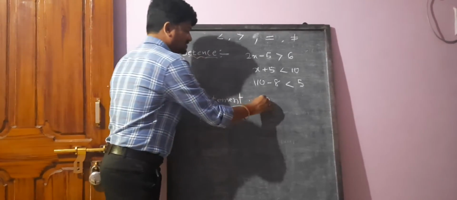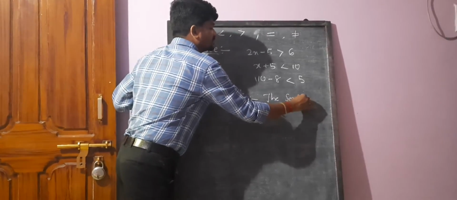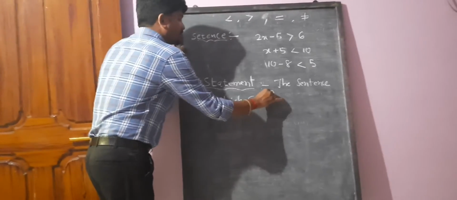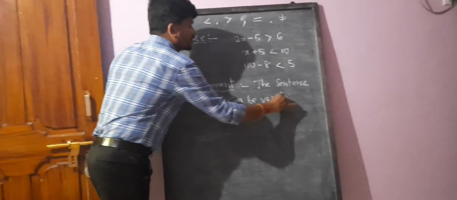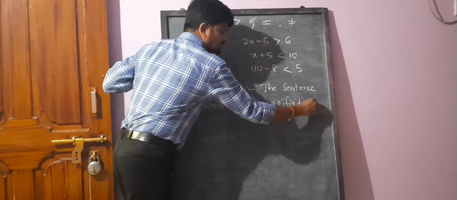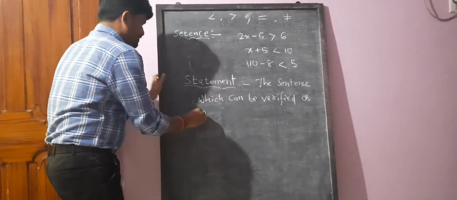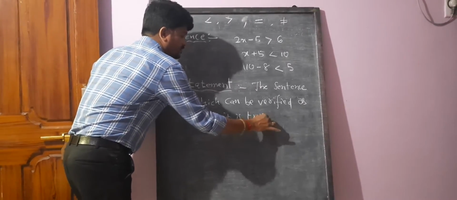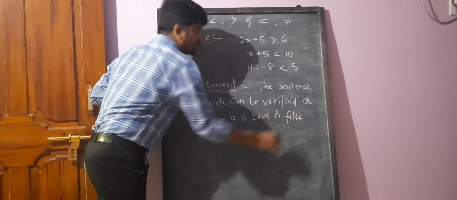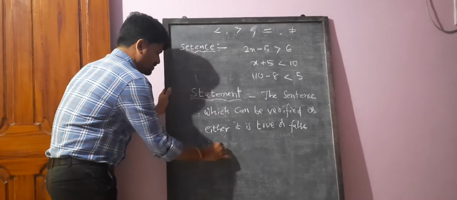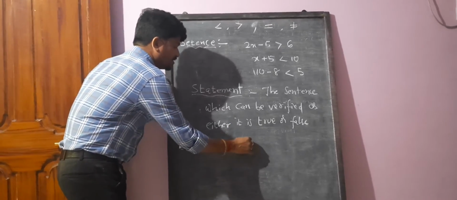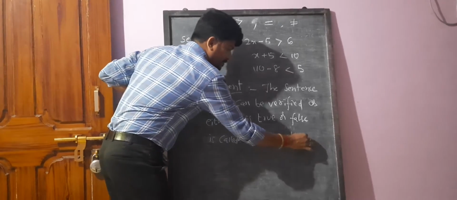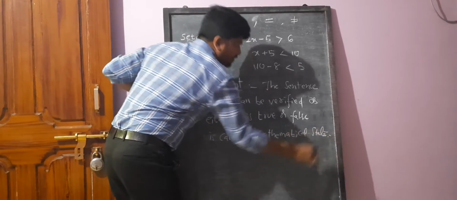Statement. The sentence which can be verified as either true or false is called a mathematical statement.